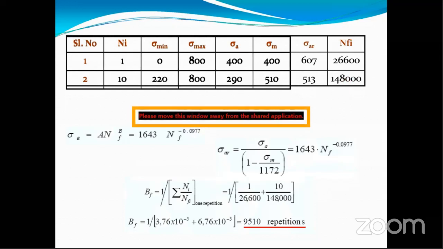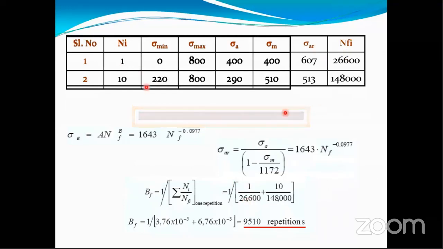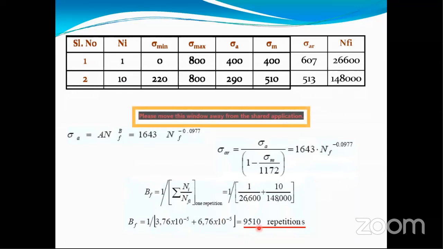Now, using the Palmgren-Miner damage rule, we have to take the total damage in this way. See, number of cycles is 1. In the second case, it is 10, and number of repetitions of load is corresponding to this cycle, and 148,000 corresponds to this cycle. So totally we have 9,510 repetitions.